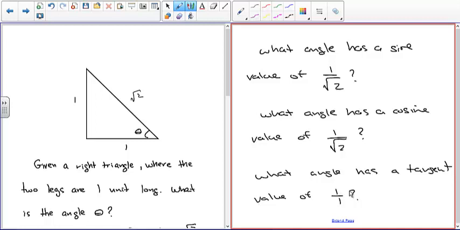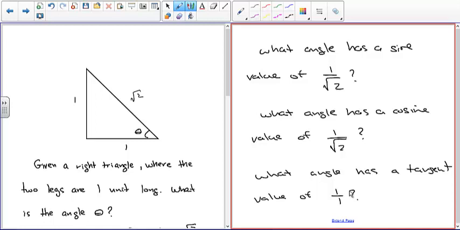What I've done there is use the definitions of the sine, the cosine, and the tangent with the dimensions of the right triangle. For the sine, I took the length of the opposite side and divided it by the length of the hypotenuse.